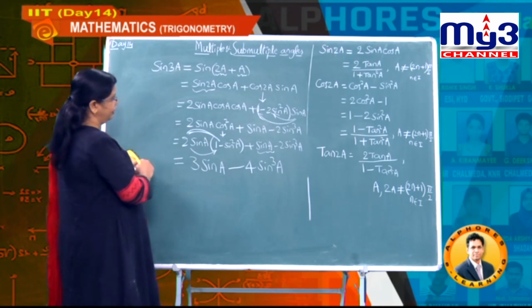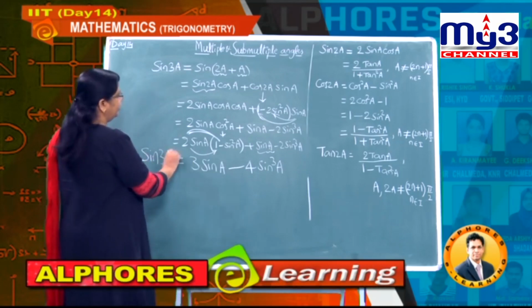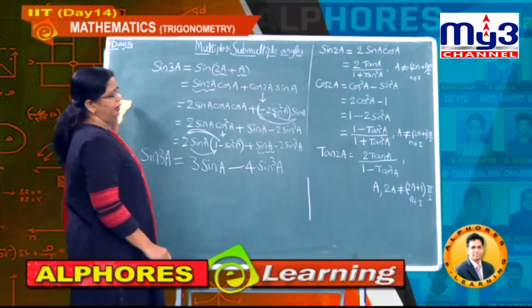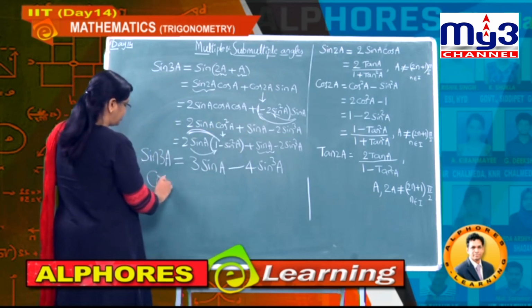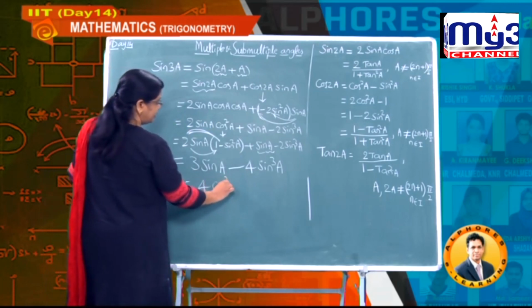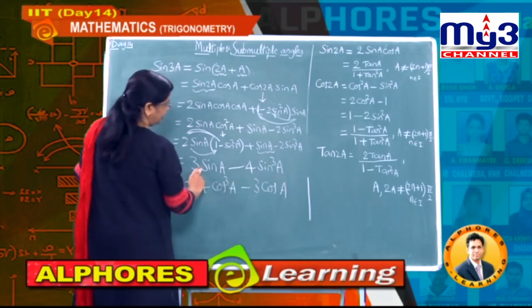In the same way, if you write cos 3a as a plus 2a or 2a plus a, and use this kind of formulae, you will obtain cos 3a equal to 4 cos cube a minus 3 cos a. Here it is 4 minus 3, whereas before it was 3 minus 4.